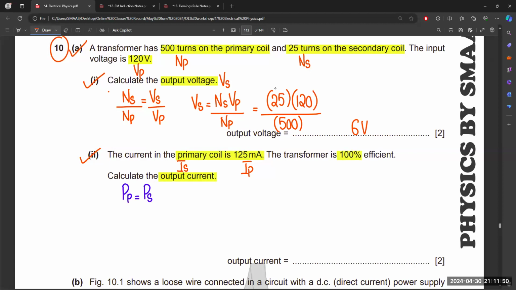It means Vp Ip is equal to Vs Is, because power is equal to voltage into current. So primary voltage times current is equal to secondary voltage times current. We have to find the value of Is. Is is equal to Vp Ip over Vs.